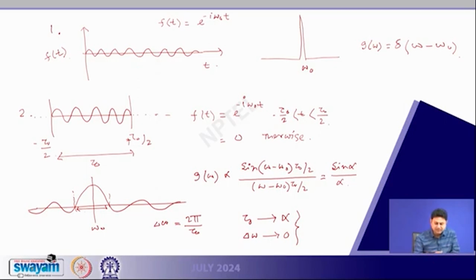So in case 1, the coherence length tends to infinity. This is purely coherent light.